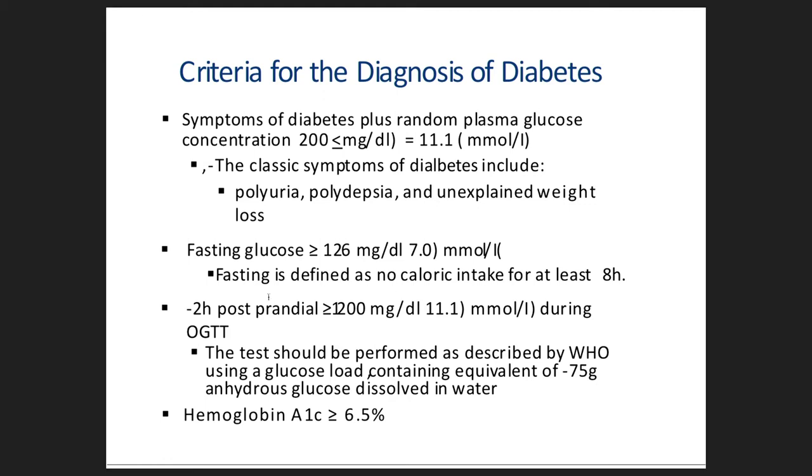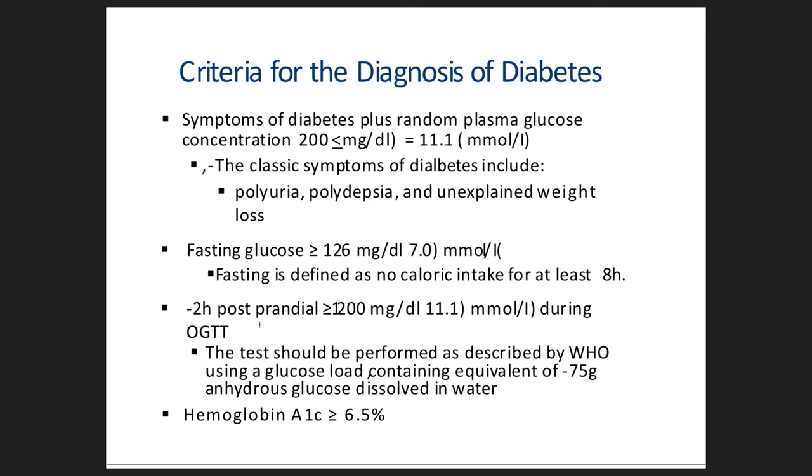Let's see what are the normal readings for a normal person without diabetes. A normal person without diabetes should not have fasting glucose more than 100. And those with diabetes, as mentioned, more or equal to 126. And those with fasting glucose between 100 and 126, that is called pre-diabetes.